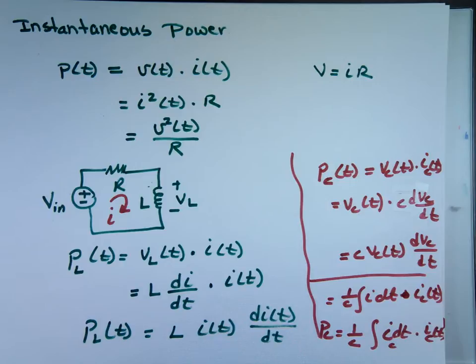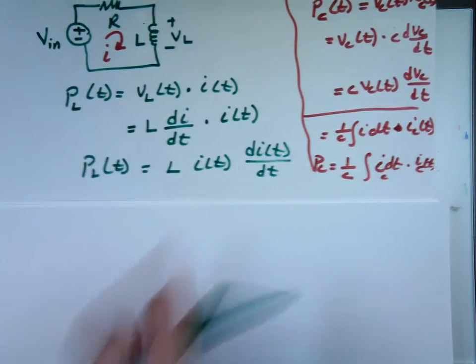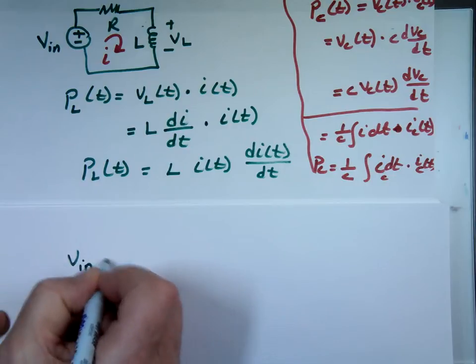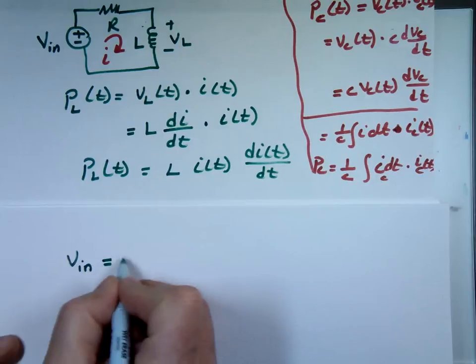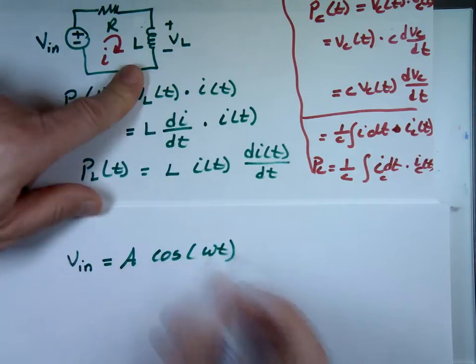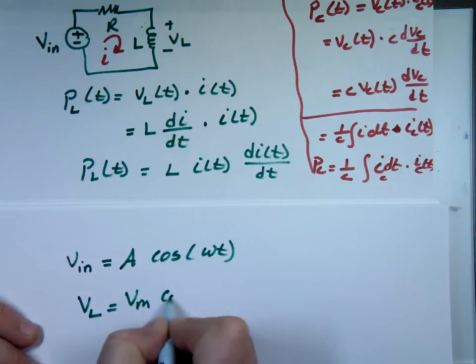But here's what we found out. If you have a circuit like this, and let's say your voltage happens to be some Vm cosine Wt, and you calculate the voltage across L, you'll find out that the voltage across the inductor has some maximum value, cosine Wt.